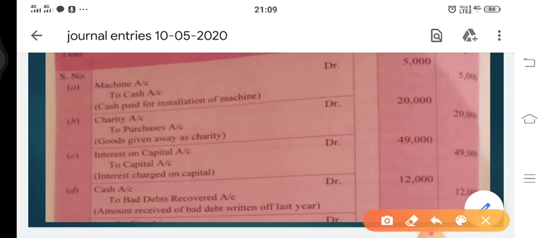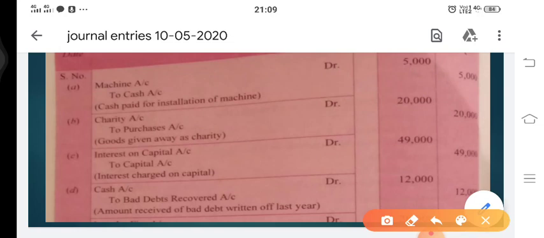Moving towards the next point: received rupees 12,000 of a bad debt written off last year. Now do remember what this is. We already have discussed bad debt in our previous videos. You can check them. Bad debt is an amount which we have written off.